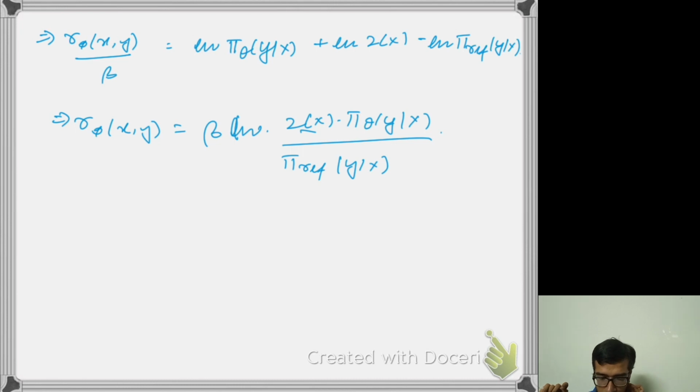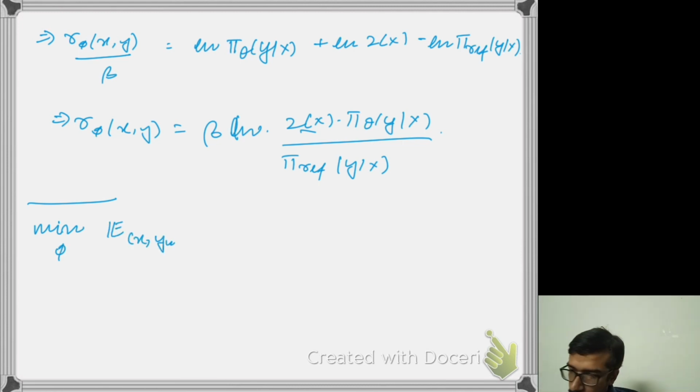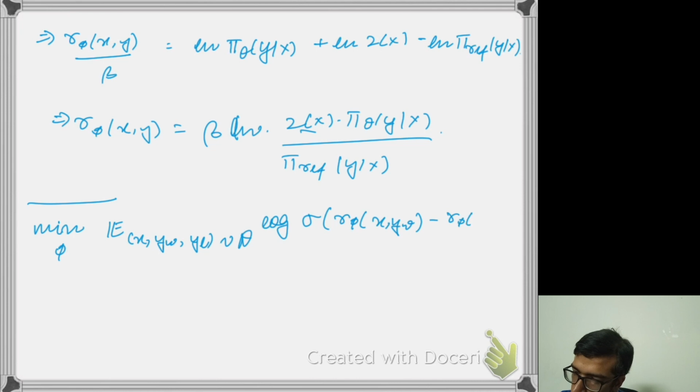So let's recall the objective function for reward modeling, which came from the Bradley-Terry model. So that objective function was minimization over the set of parameters phi, expectation over inputs x, y win, y lose, coming from data set D, log sigmoid of r phi x y w minus r phi x y l.